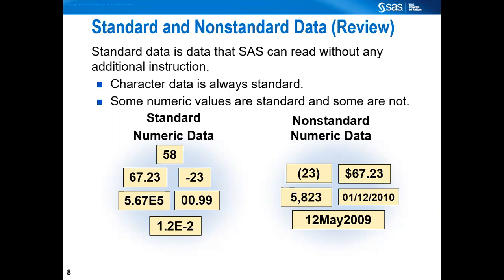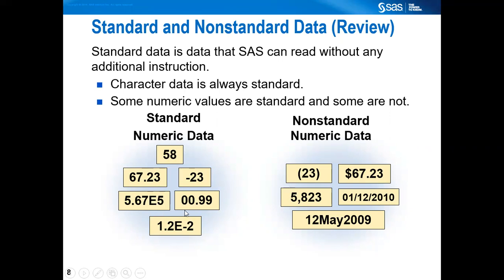So what are standard data values? Standard data is the data that SAS can read without any additional instructions. Character data is always standard. Some numeric values are standard and some are not. Simple numbers can be read as standard data.